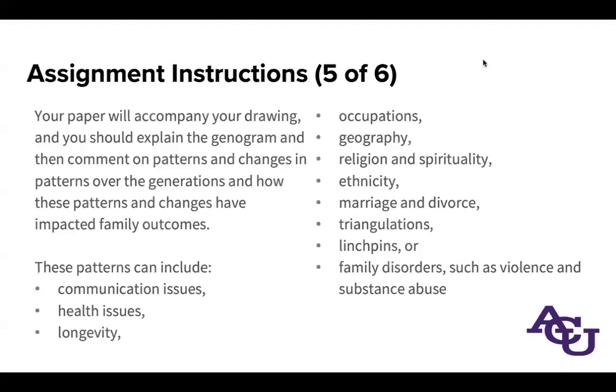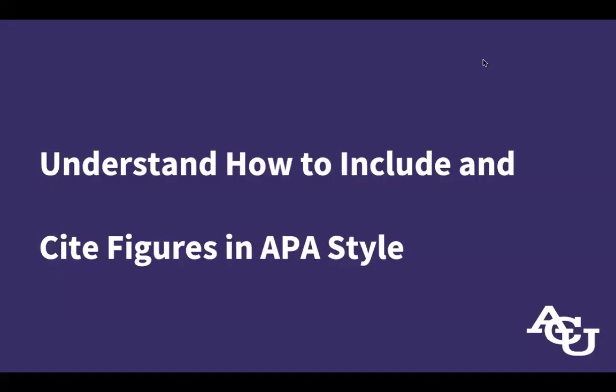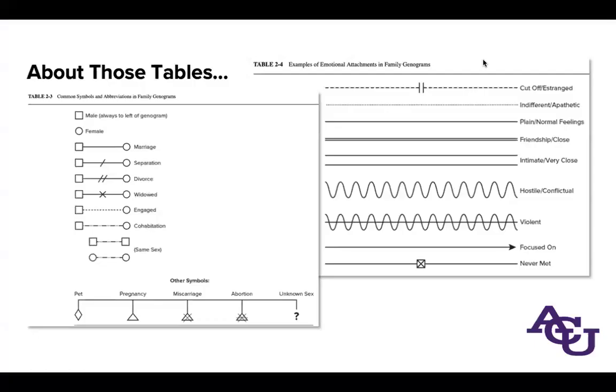Immigration is one where you can see different patterns in the family moving or where people live that you could be tracking in this, as well as family disorders. Now you want to be discussing more than one pattern, and that's probably going to involve different areas of the genogram. So let's talk about how to include and cite figures in APA style.